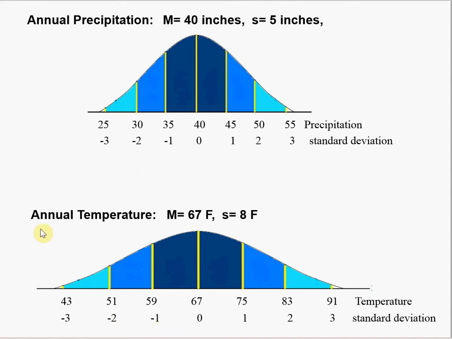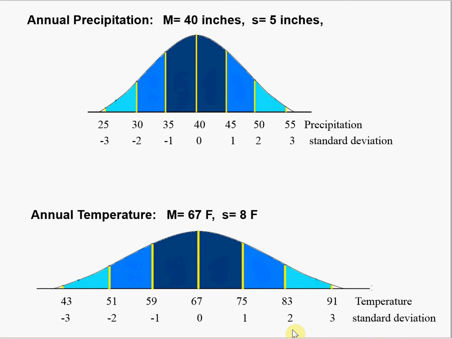We can do the same thing for thousands of normal distributions in the real world, labeling all of those charts by using this system: how far each value is from the mean in terms of standard deviation. And this is called standardization.